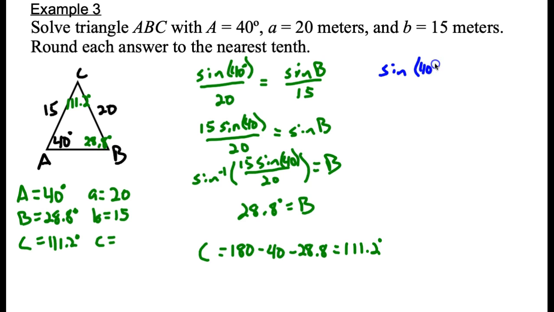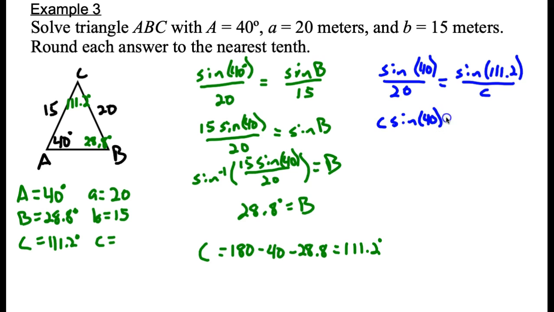Sine of 40 over 20 equals sine of 111.2 over C. So cross multiply, get C times the sine of 40 equals 20 times the sine of 111.2, divide by the sine of 40, and then we just need to put that into the calculator.